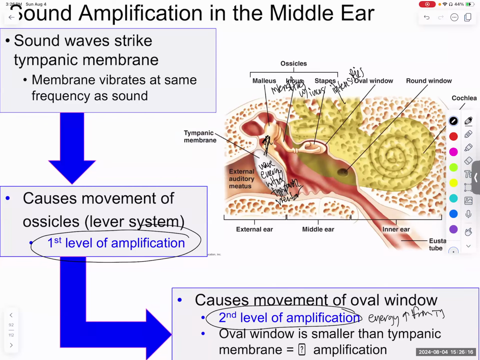And so that energy increases from the tympanic membrane to the oval window. The oval window is also smaller than the tympanic membrane, and that also is going to amplify or increase energy.